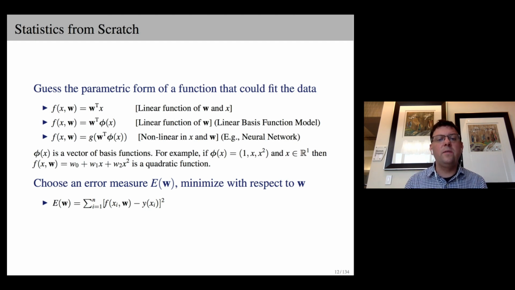I would specify an error function, which could be like the squared distance between the outputs of my function and the training observations, and I would minimize that error function with respect to my parameters to learn those parameters. But this approach would involve a lot of ad hoc design decisions, like why squared error and not absolute error, for instance.